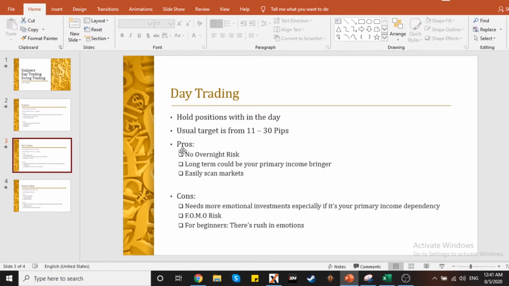So day traders are mostly the people that hold a position in one day. Okay, minsan hindi sila madalas nagpapalampas to the next day, right? It's mostly in just one day, right? Usual targets here are 11 to 30 pips.